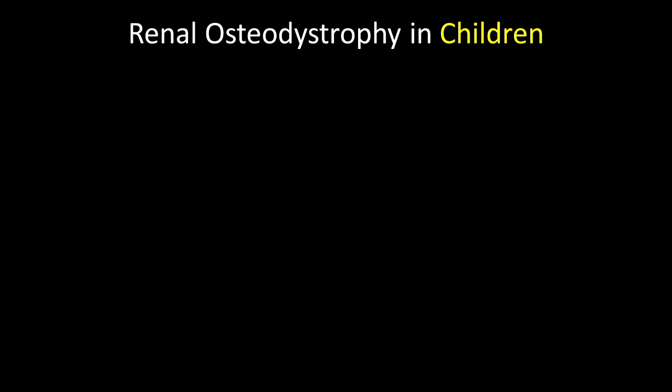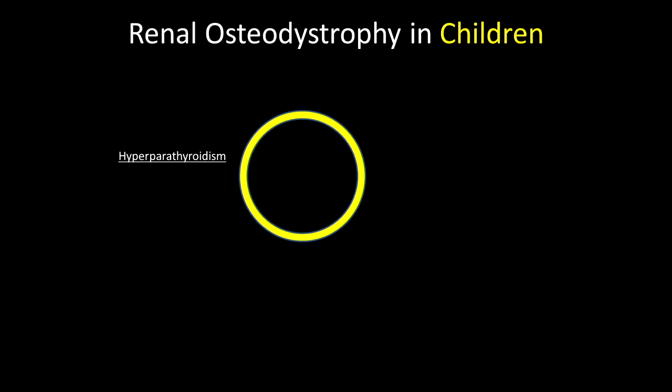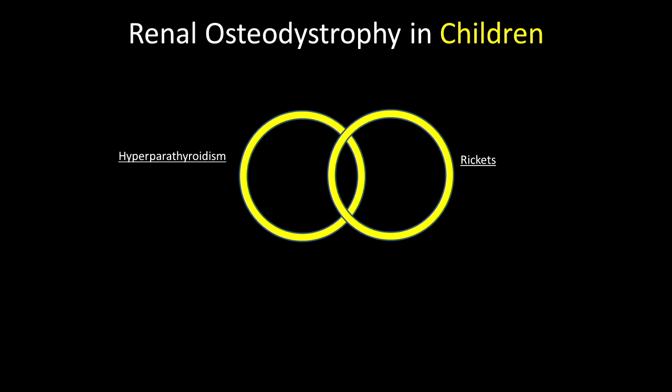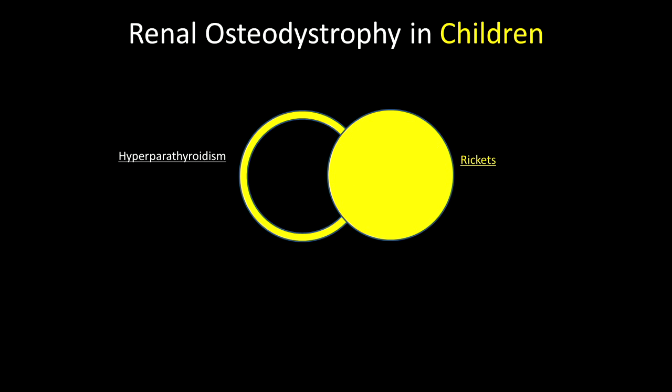And in this patient, it was due to chronic renal disease. Now in children, as I mentioned, the story is slightly different because there is no such thing as osteomalacia in children. So in children, the findings of renal osteodystrophy are the overlap of hyperparathyroidism and rickets. And in children, rather than the findings of hyperparathyroidism dominating, it is the findings of rickets that dominate.